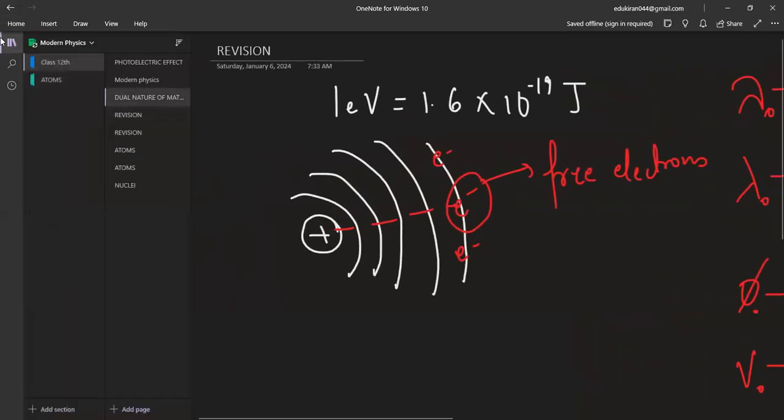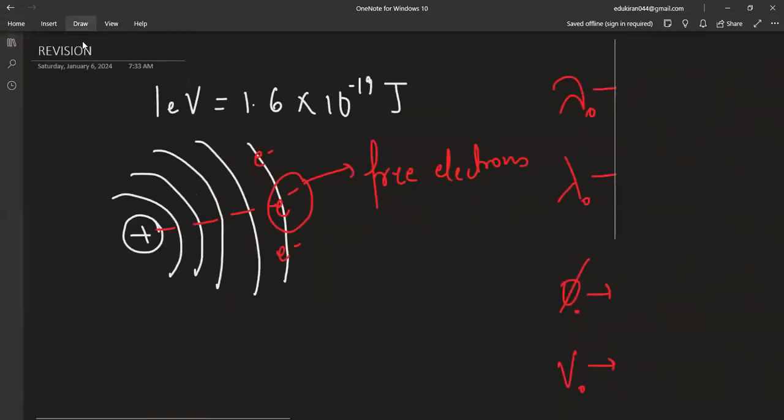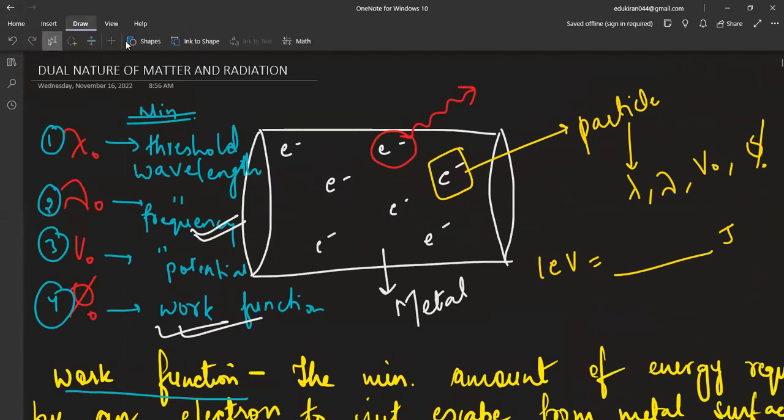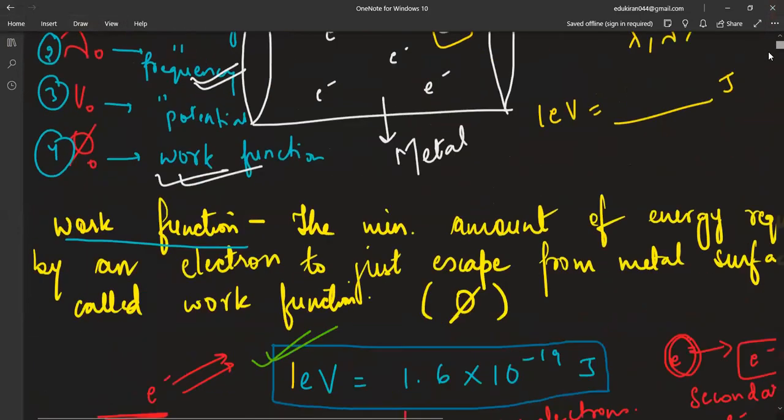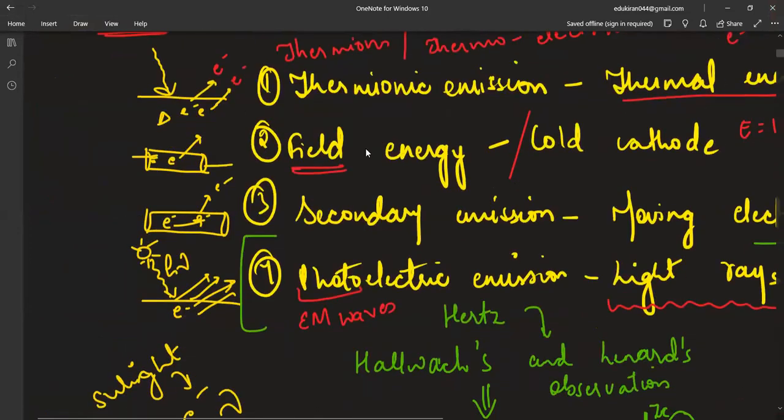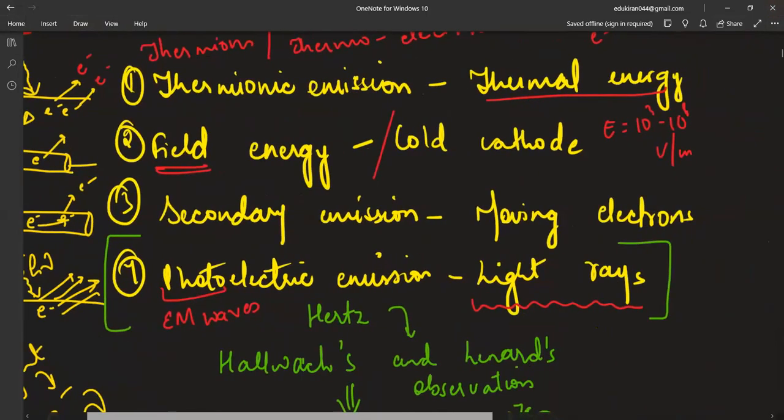Now, in the class also, I discussed some things with you, which included these minimum values. Definitions are important. Coming to the types of emissions which are possible, first is the thermionic emission. What is meant by thermionic emission?